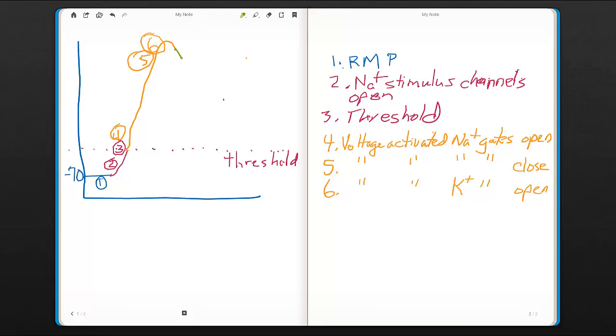Okay, and so we see this part of the action potential occurring, go below threshold, and then we hit the resting membrane potential. So towards the threshold down here, we have step 7. This is the voltage at which the potassium voltage activated gates will begin closing.